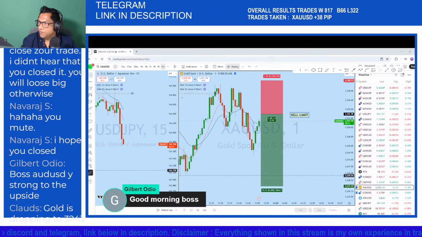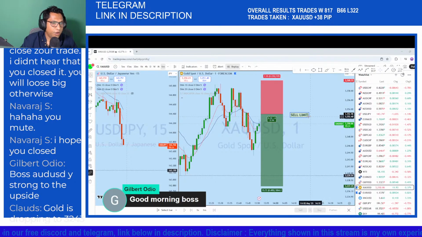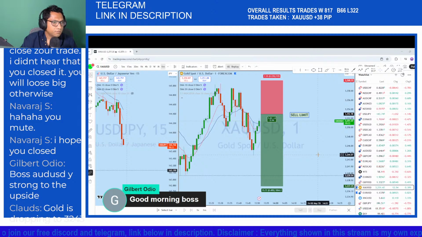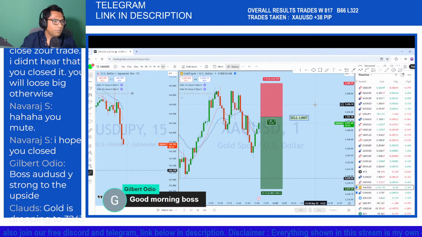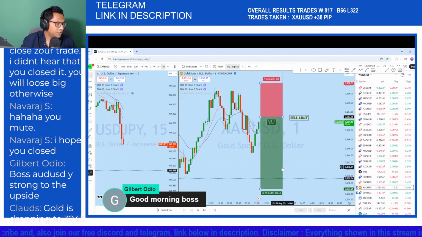So I placed a sell limit here at 3252.98. If the market touches that, we will be holding it for a possible drop in that direction.